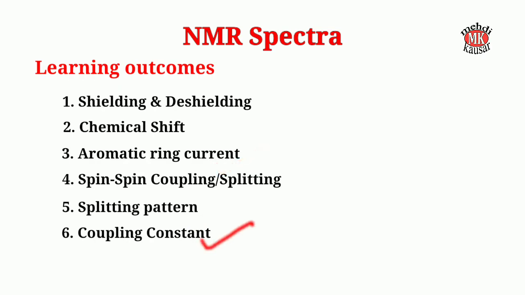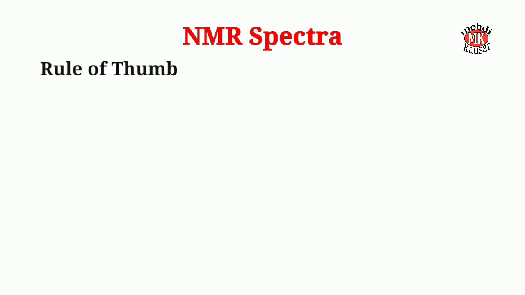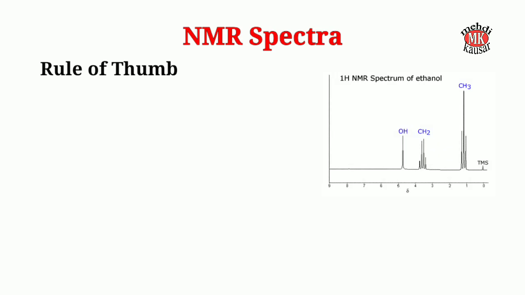Now I am giving you some rules of thumb that are useful in predicting the NMR spectra of a molecule. The multiplicity of a given group of equivalent protons is clearly related to the number of protons on the adjacent atom. The splitting patterns that are produced by the coupling of protons can usually be interpreted by the following two rules.